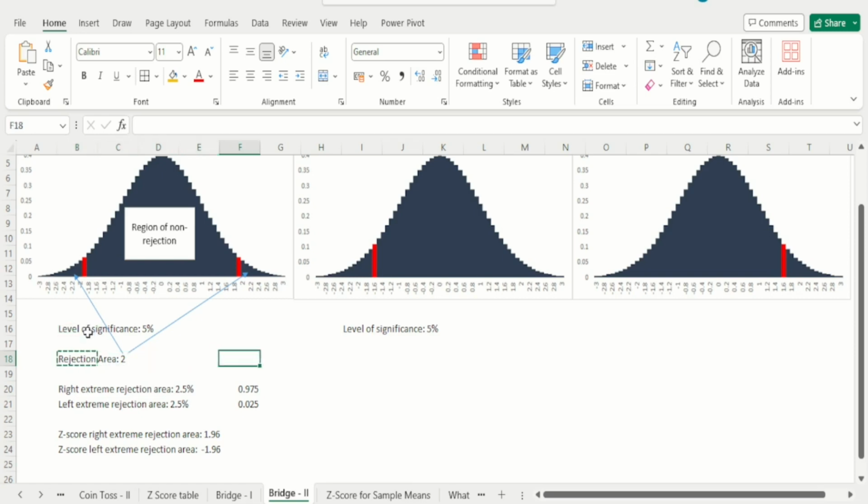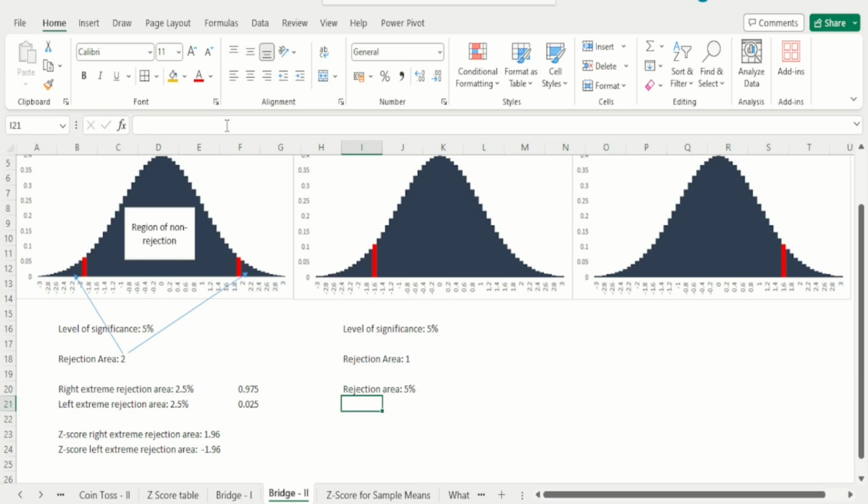How many rejection areas do you have? You only have one rejection area, either on the left or to the right. So the number of rejection areas is 1, and the rejection area is going to be 5%.